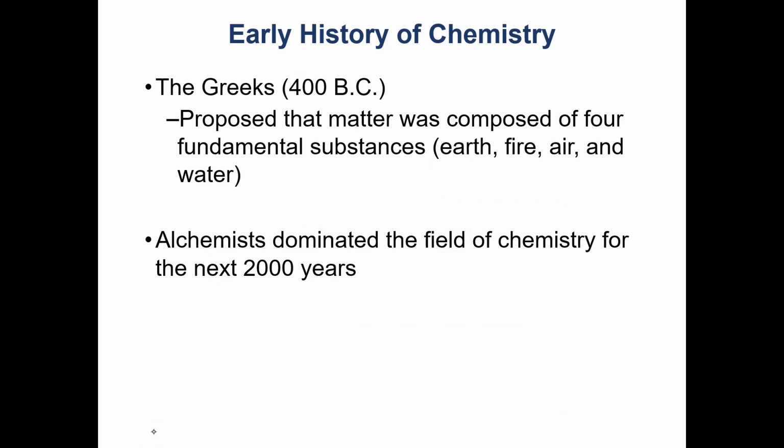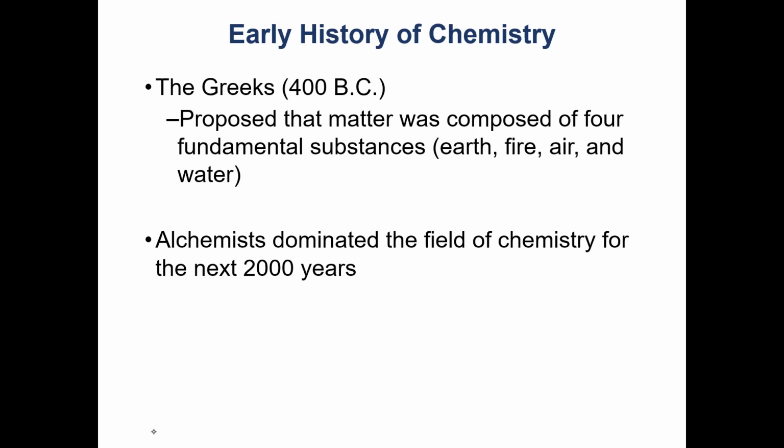So let's talk a little bit about the early history of chemistry. If we go way back into 400 BC, into some very early history, we're going to start with the Greeks. The Greeks thought that matter was composed of only 4 substances, and those 4 substances were earth, fire, air, and water.